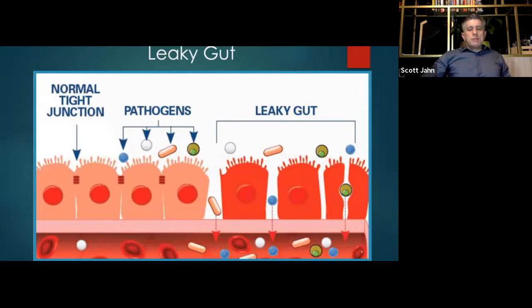But when we eat foods that we're allergic to or that irritate the gut, or we have less motility because we don't have enough fiber in the diet, or too much sugar, or bacterial overgrowth, these junctions can loosen up, which we see on the right here. Then we get opportunistic infection because the bacteria or virus can get into the bloodstream where it's not supposed to be, and we get infection wherever it sets up.